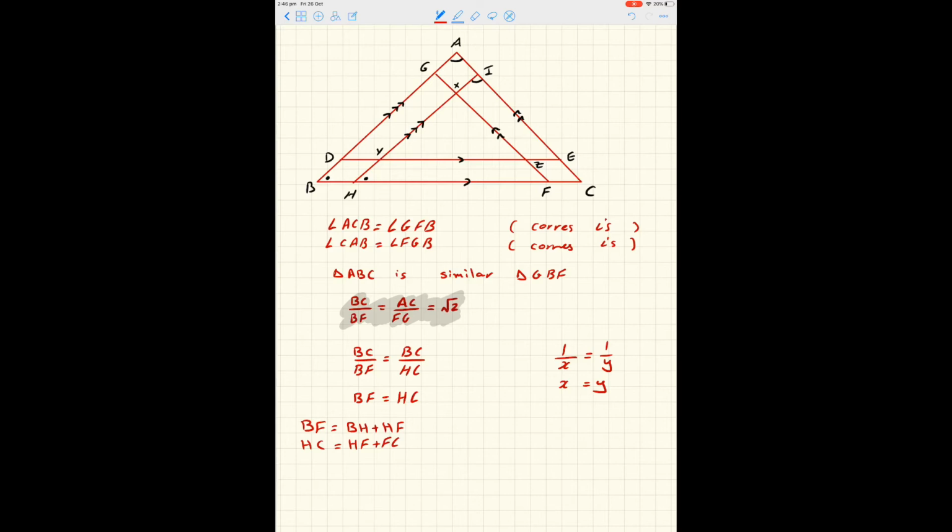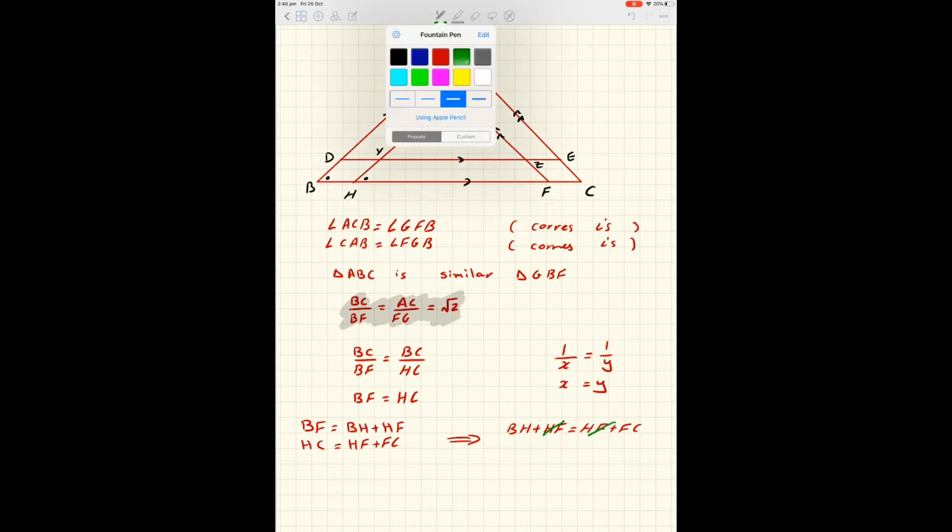So that's what I'm going to write here. I'm going to say that BH plus HF equals HF plus FC. Now, very obviously, HF cancels, therefore I'm left with BH equal to FC. Okay, so that's done. So now BH is equal to FC.